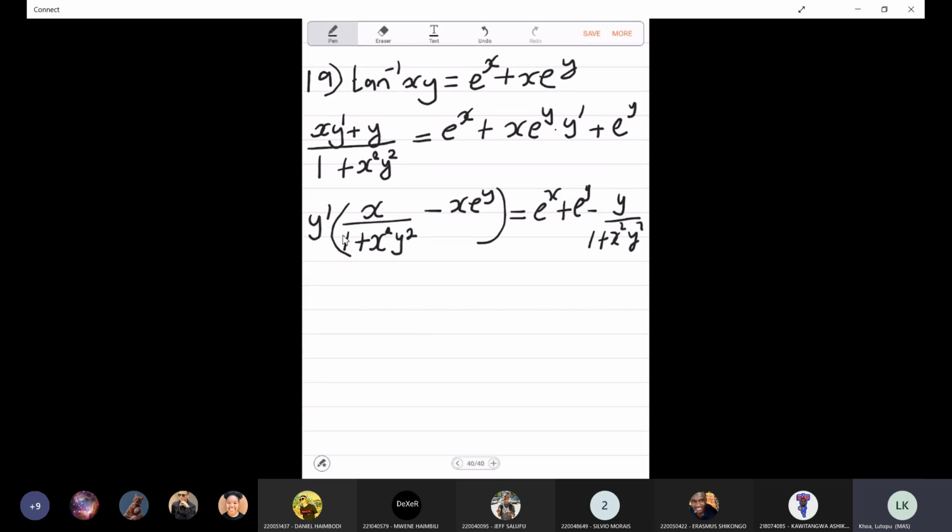Okay, so all the terms with y prime on one side, x over 1 plus x squared y squared minus x e to the power of y, then the terms without y prime, e to the power of x, e to the power of y.